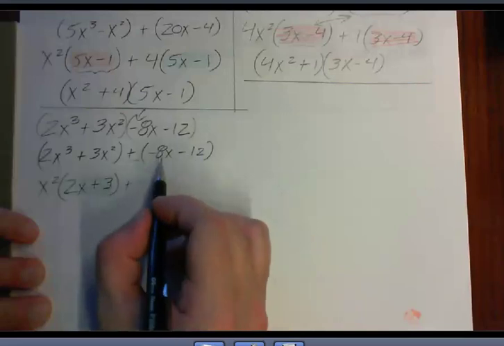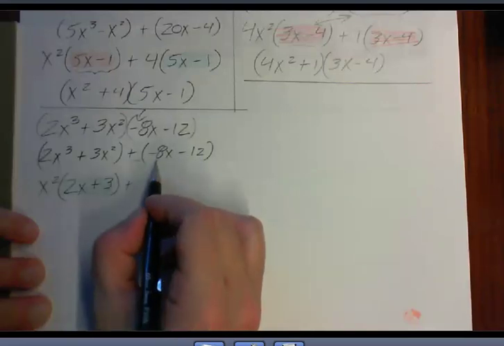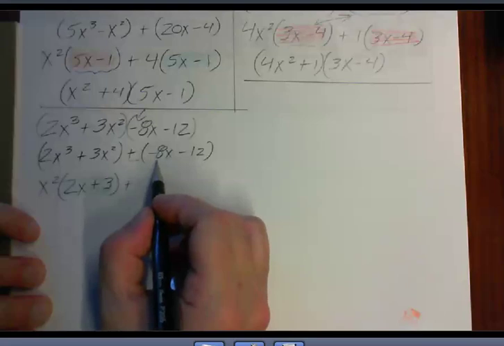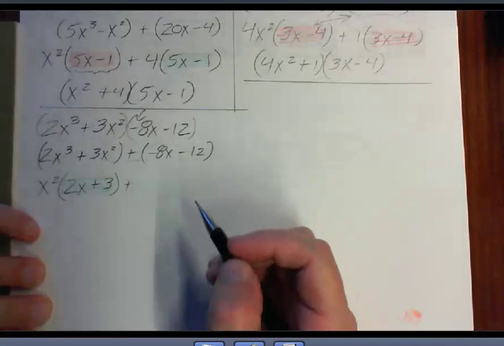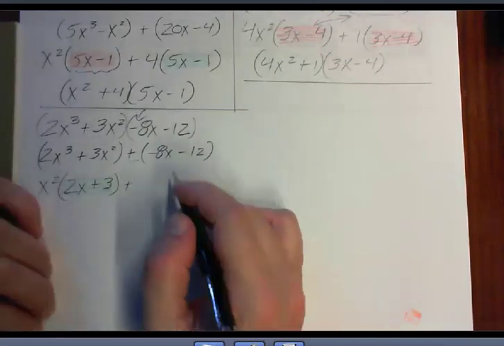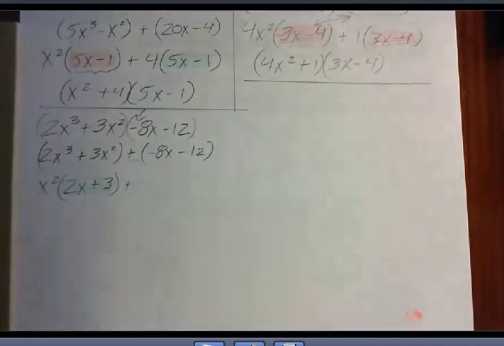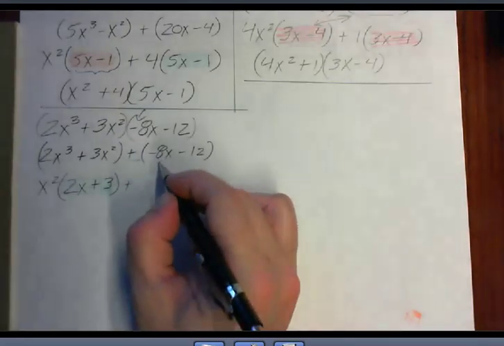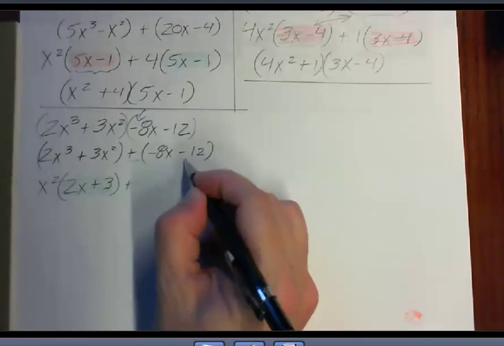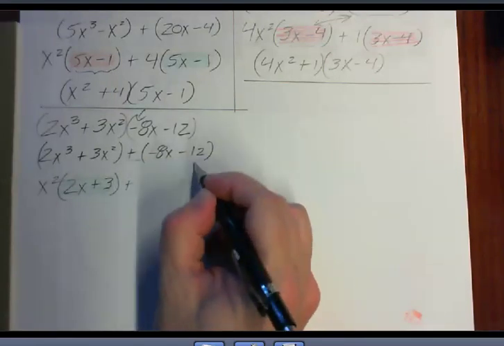Well, my factors of negative 8, that breaks down prime factorization to just 2 times 2 times 2, and this is 2 times 2 times 3. So it looks like a 4 will be the largest value I can factor out. Here's the tricky part. If I just factor out a 4, that's going to leave me with negative 2x minus 3 in the parentheses, and I don't need that.